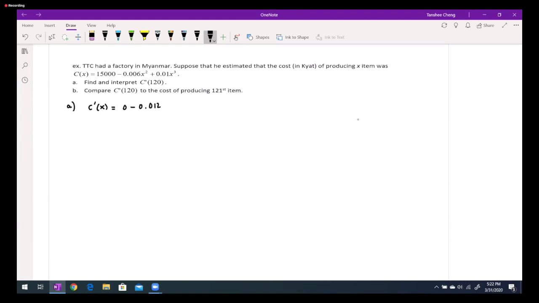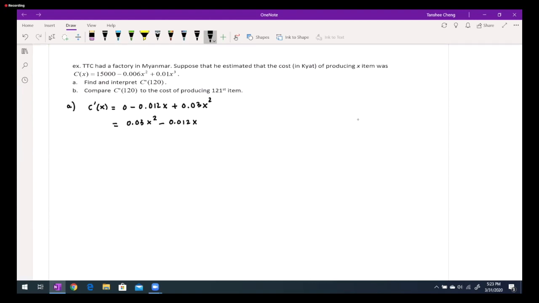When you take derivatives, you bring down the power and multiply it out, and then subtract 1 from the power, and then plus, and the last part is bring down the power, so 0.03 x to the second power. So simplifying a little bit, that gives us 0.03 x to the second power minus 0.012 x.